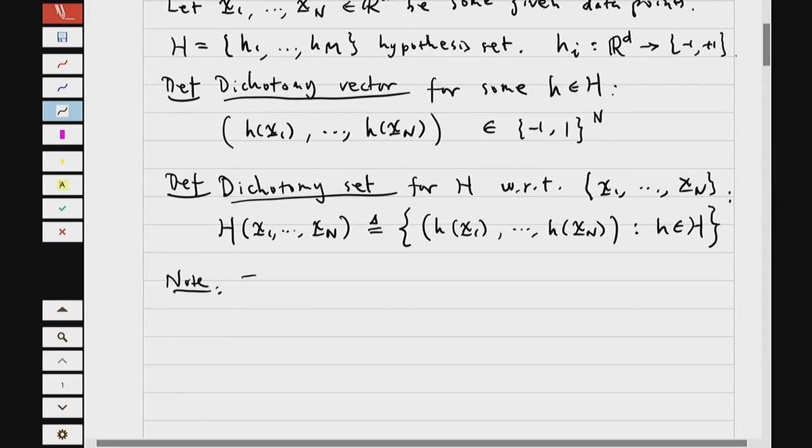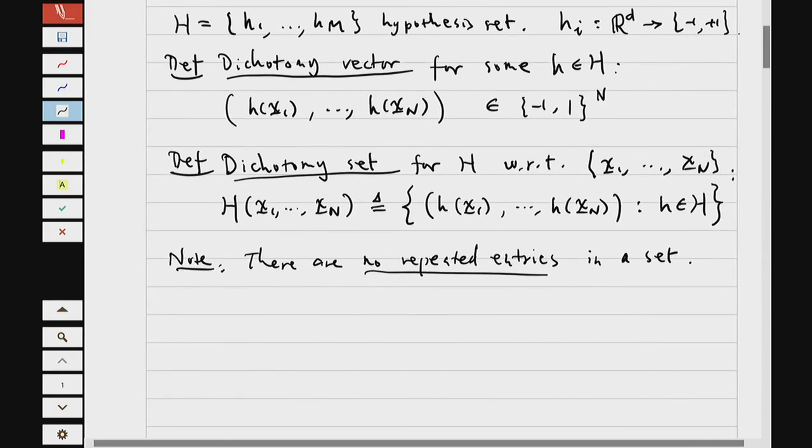Note that there are no repeated elements in the set by definition. I mean, you all know that from elementary school, probably.